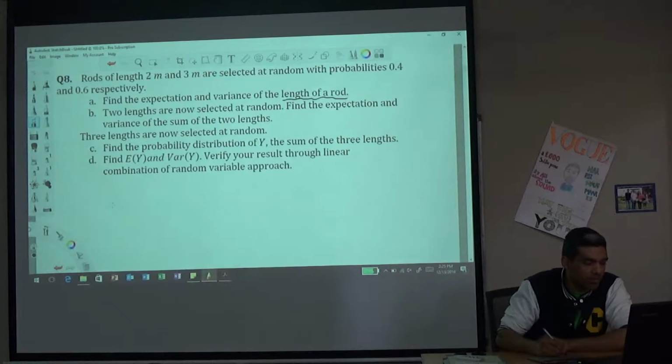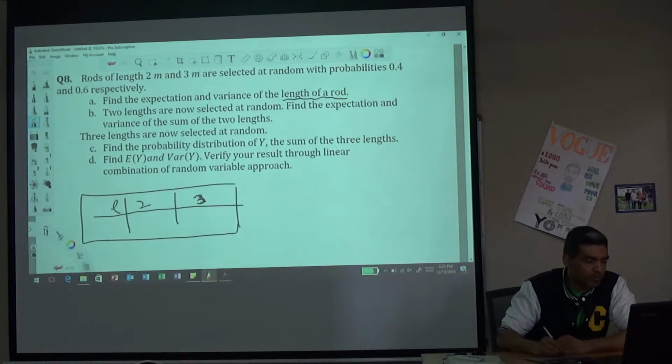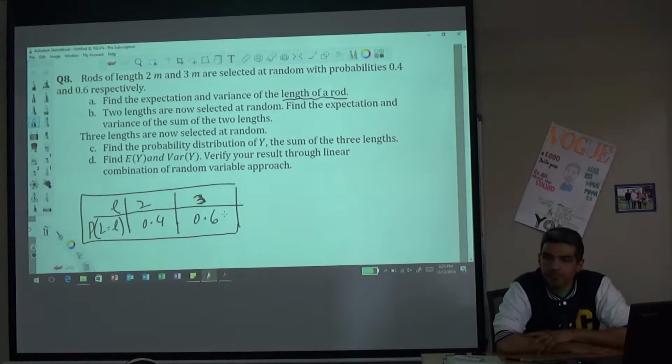So let's say the length of the rod becomes the new random variable, and it takes the values 2 and 3, with probabilities 0.4 and 0.6. So this random variable takes only 2 values.